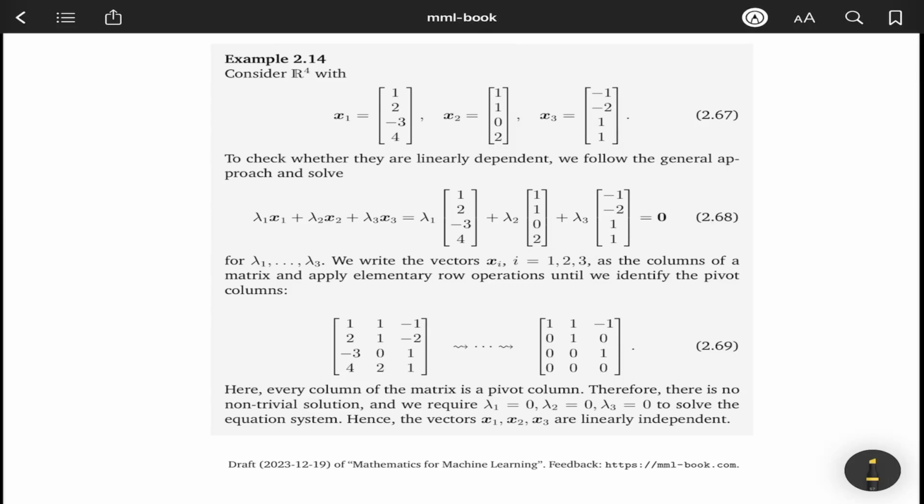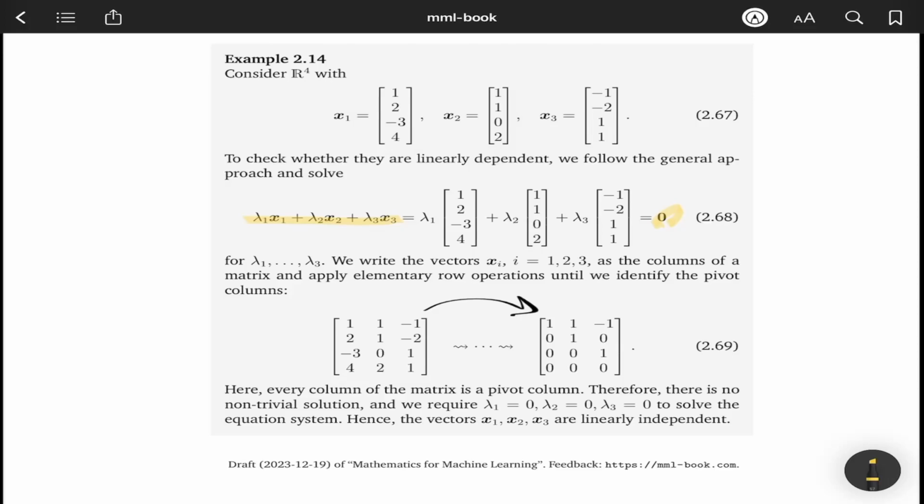Okay, next example, 2.14. Consider R4 with three vectors. To check whether they are linearly independent, we can follow the general approach and solve this equation to be 0. So they will write the matrix and then they will do the Gaussian elimination.